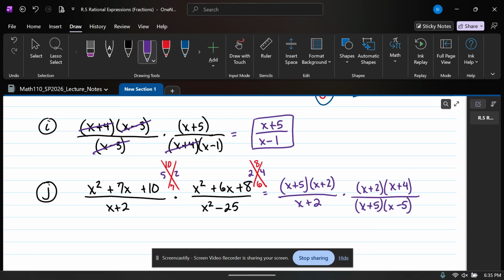Now we've got everybody factored as far as they will, and you can start canceling vertically and diagonally. That's the only ways to cancel, is vertically and diagonally. So I see a vertical happening there. I've got that x plus 2 on top and x plus 2 on the bottom. And then diagonally, I have an x plus 5 and an x plus 5.